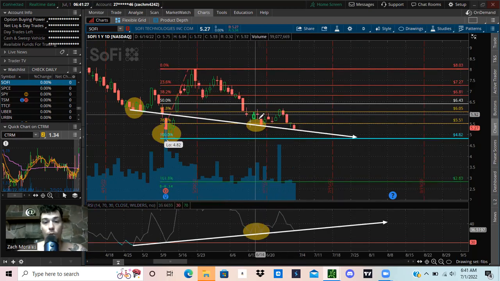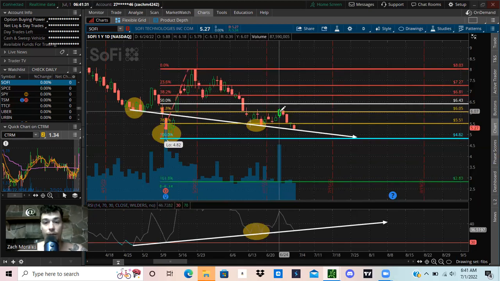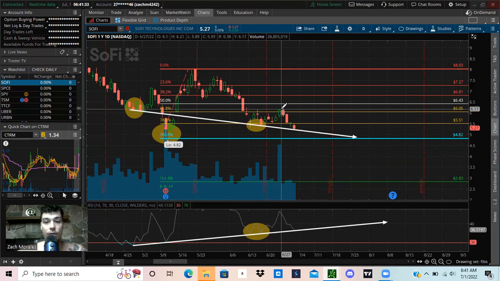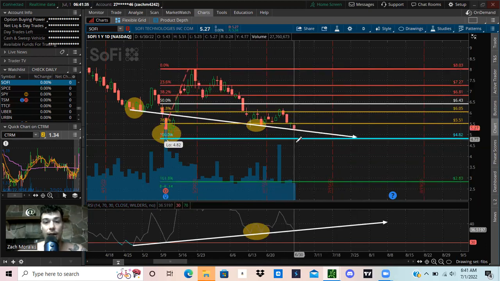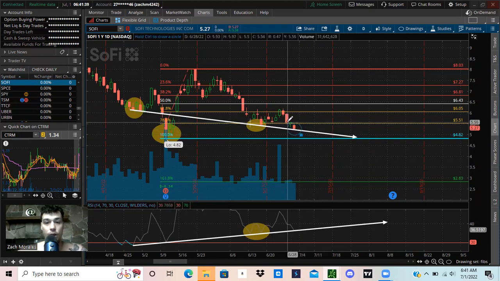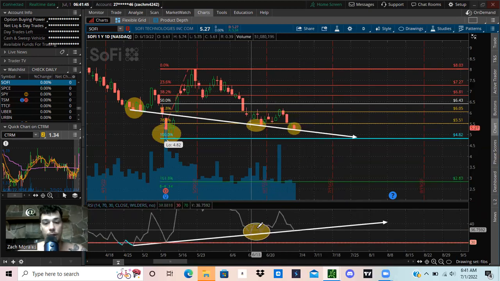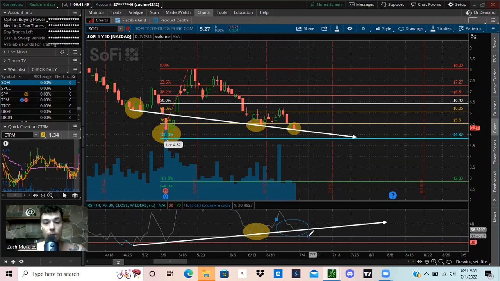Okay, we come back down, we bounce on that trend line, and again we come up and face some resistance around that 6.05 level, and we come back down again, and now we've created another low. Okay, so going from our initial low here, we have created two more lower lows. And we've created more higher lows on our RSI.